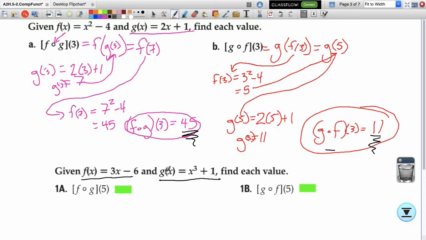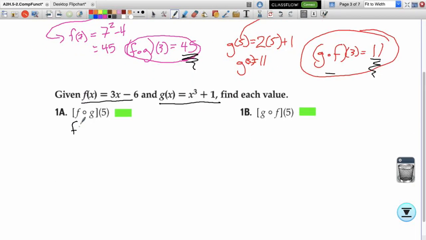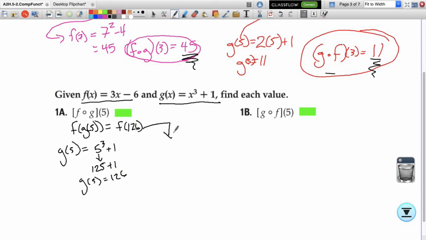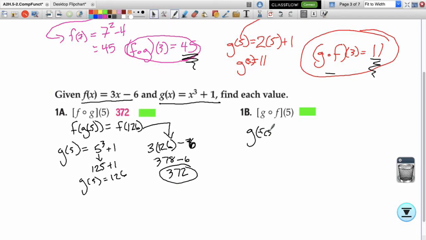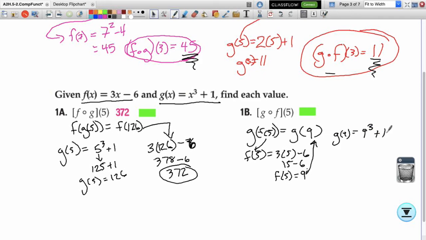Okay, so if you need to, pause it, look at my work, and see if you made a mistake. So if you need to, again, look through this work. I've put it up for you.